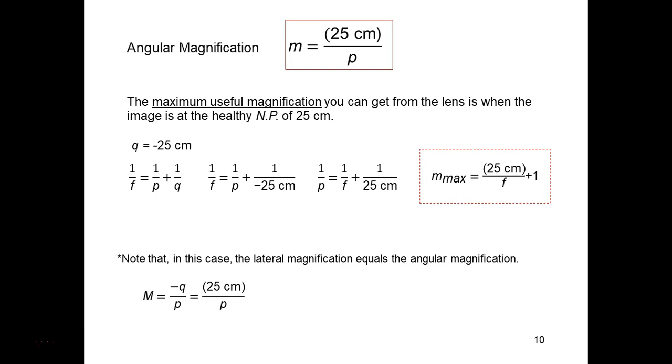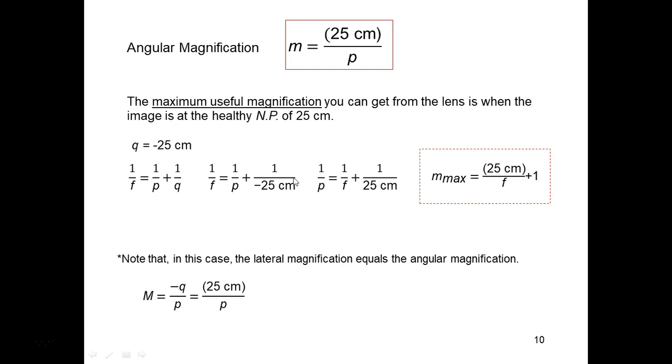However, if you're using the lens to get the maximum useful magnification, so q is negative 25 centimeters, it turns out that the lateral magnification will be equal in value to the angular magnification. If you don't have the maximum useful magnification, little m won't agree with big M. I just point that out.